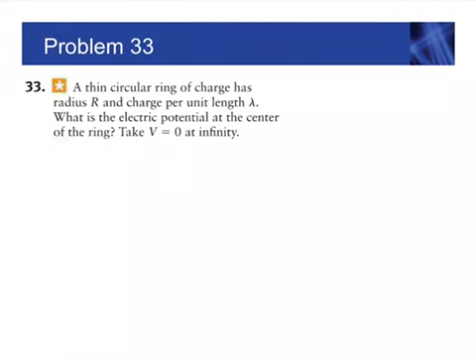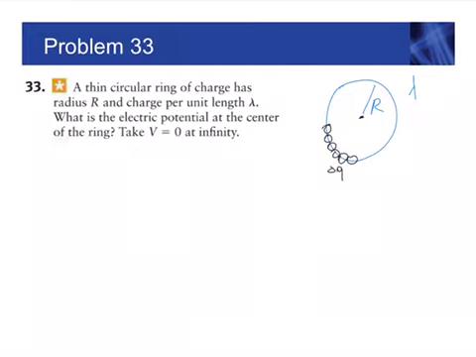Let's solve the last problem, 33. Given a ring of charge, radius r, charge per unit length lambda, find the electric potential at the center of the ring. The easiest way to solve this problem is to break it into little parts, little charges delta Q all around the ring.